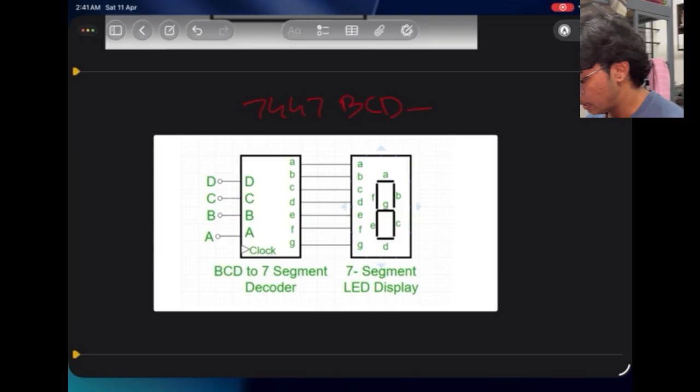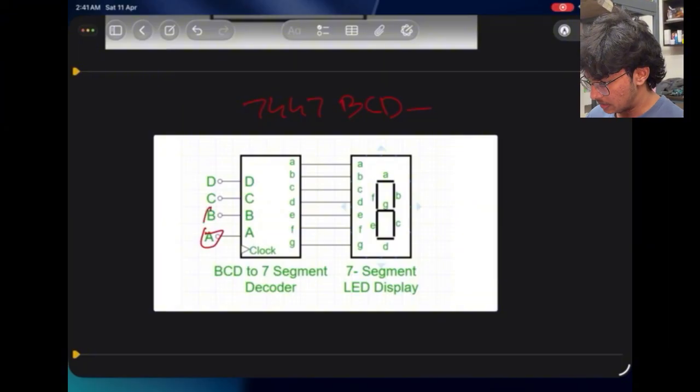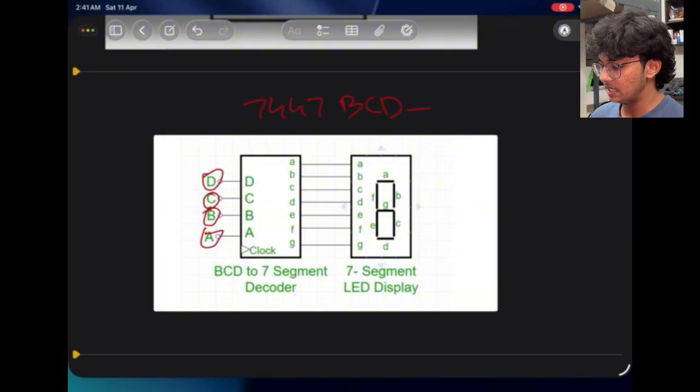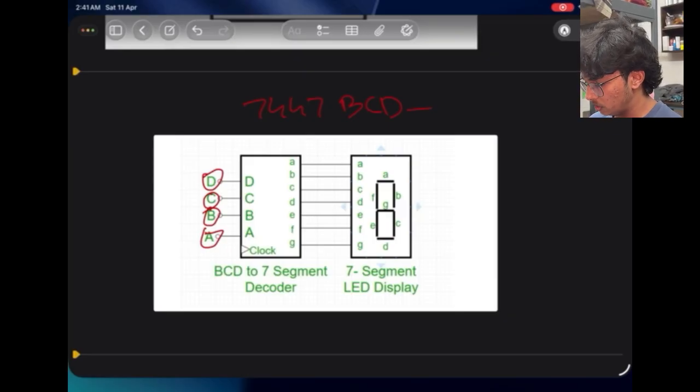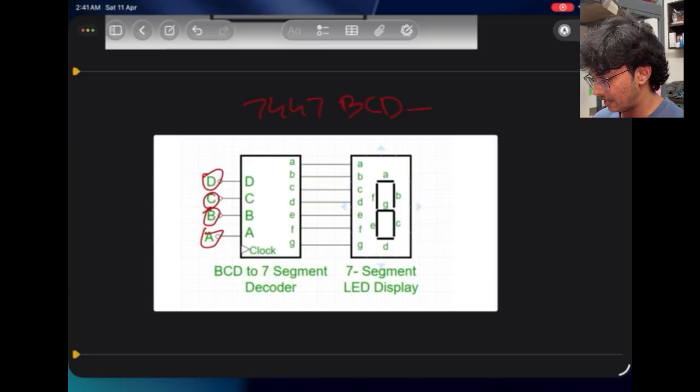For example, these ABCD pins are the ones which receive the BCD input from the 74HC193 counter. The inputs received from the counter are then converted into ABCDEFG form, which can be read by the 7-segment. Let's take the number 6.